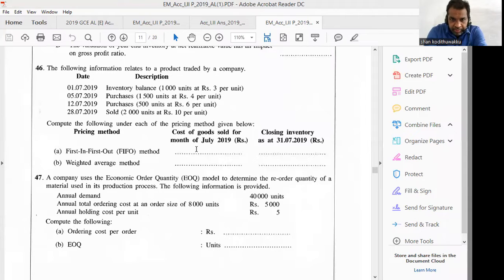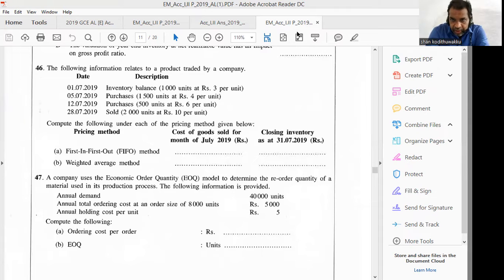First you find the cost of goods sold. The first transaction is the opening balance, the second is a purchases receipt, the third is a purchases receipt, and the fourth is only a sale. Then we have to calculate the cost of goods sold related to this one.